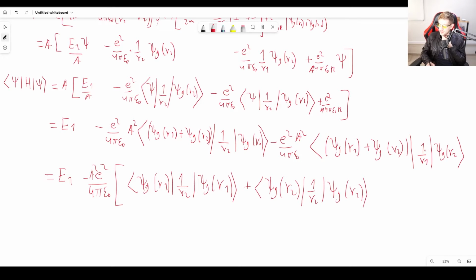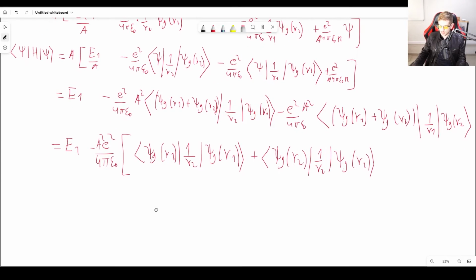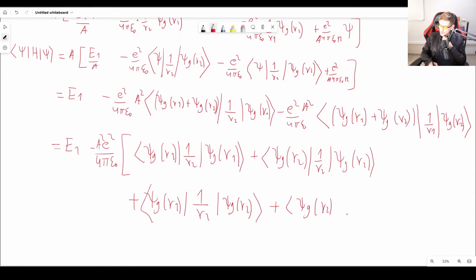And now the same with the other one. I'm going to write it down here because I don't have that much room. So plus, and now I multiply the right one. So I get psi g of r1, 1 over r1, psi g of r2. I forgot the parentheses there. And now the other one, so psi g of r2, 1 over r1, psi g of r2.